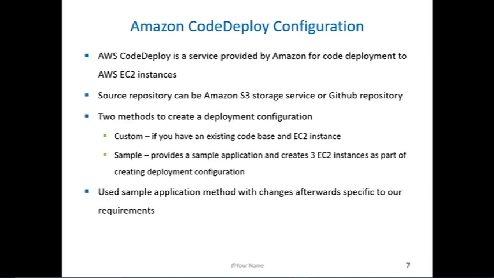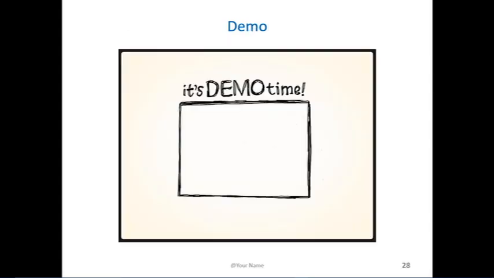In our case, even though we had an application residing in GitHub, we opted to go with the sample application because it configured the service roles and the agents that are required as part of deployment. I'm just going to switch and show the configurations that we had put in place for our deployment.